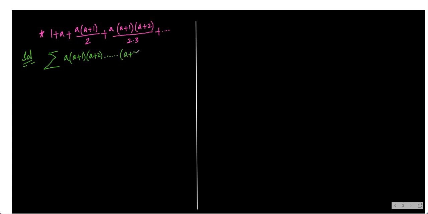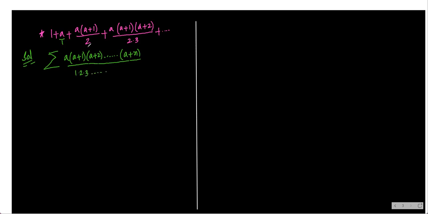In the denominator, 2 into 3, next 3 into 4. Actually it is starting with 1 here, so it is 1 into 2 into 3, and it is continuing.